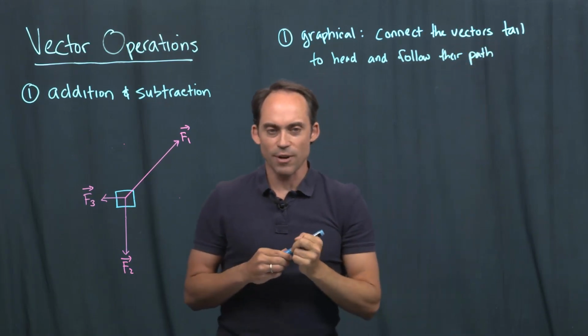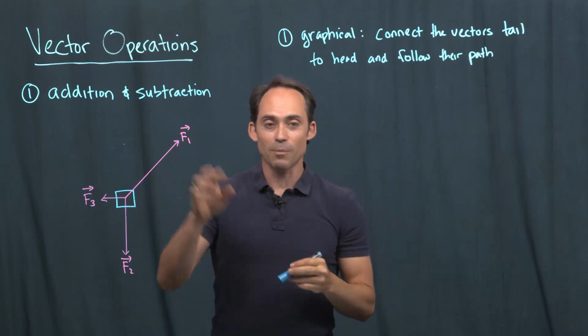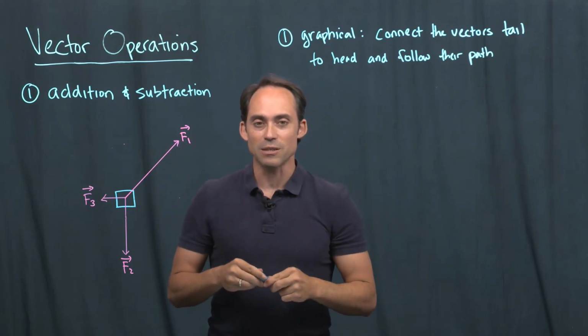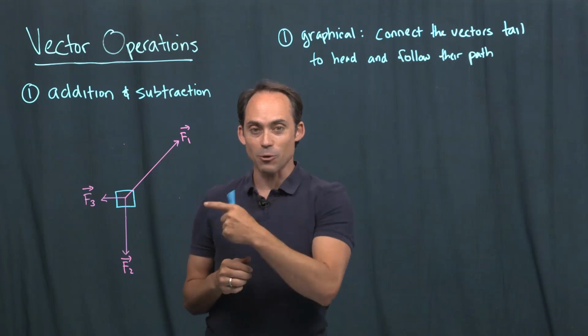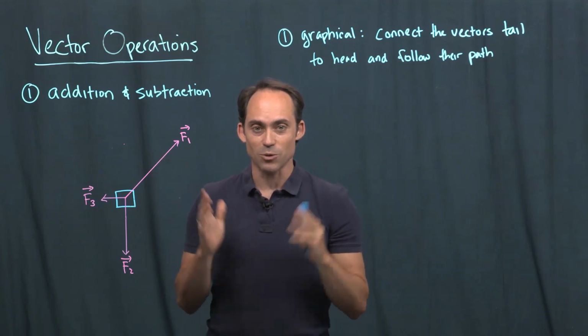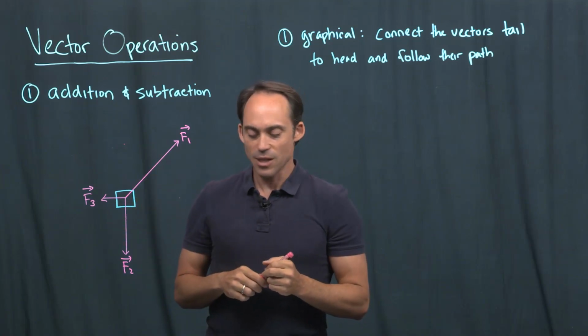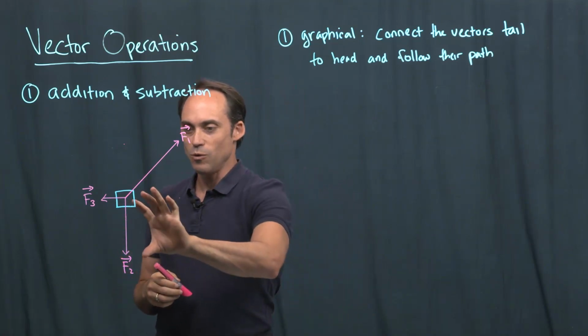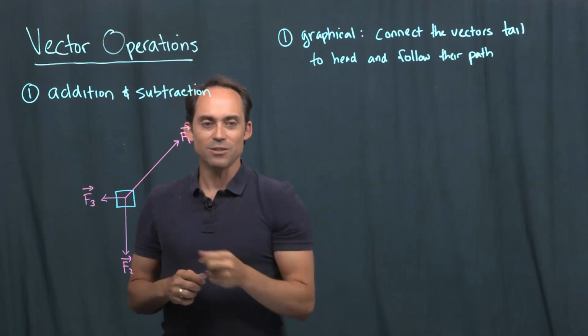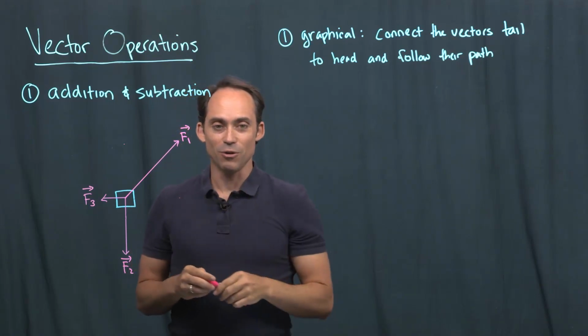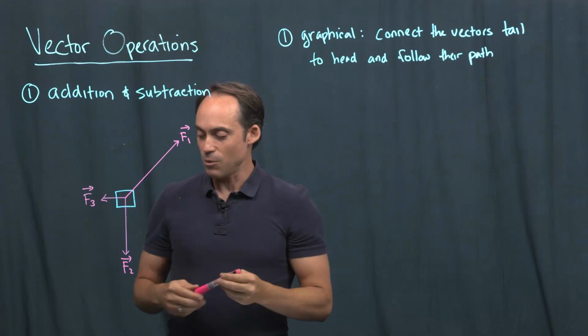All right? So the amazing thing about vectors is that you can actually move them around. Their actual location in space doesn't matter as long as they're still pointing in the same direction and they have the same length. Those are the quantities that matter for vectors. And so if we want to add these vectors together, what I can do is I can literally move this vector over and add it to the head of the first vector from the tail and see where that points.